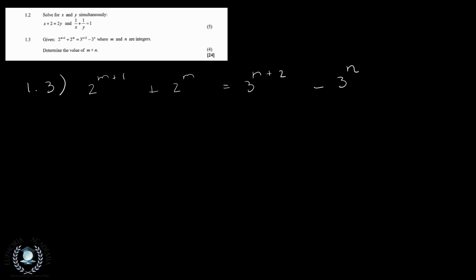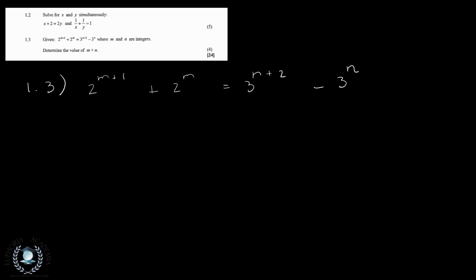Now I can see that we have exponents and it's an exponential equation, so I have to remember all my laws of exponents because we're going to use one or two of them. We're told that we need to find m plus n, and that m and n are integers, which reinforces the fact that we're going to use laws of exponents, because if they were not integers, this would be something else.